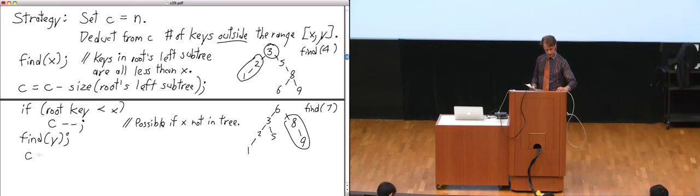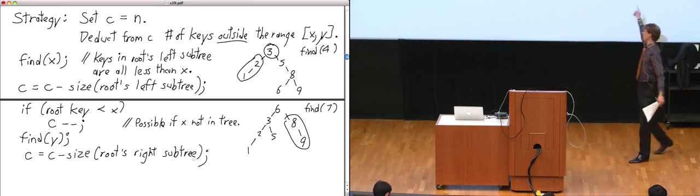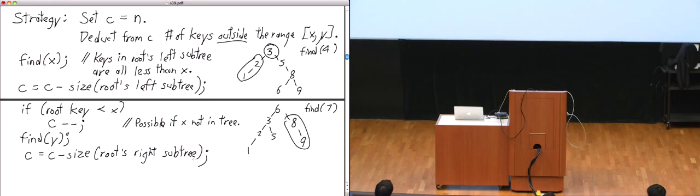So once again, in this example, we're going to subtract out the size now of the root's right subtree, because all those keys are greater than y. And again, we're going to look at the root, which is a 6 in this case, and see if it's bigger than 7. And if it is, we subtract that one out as well.